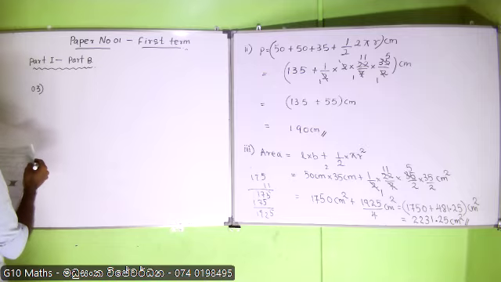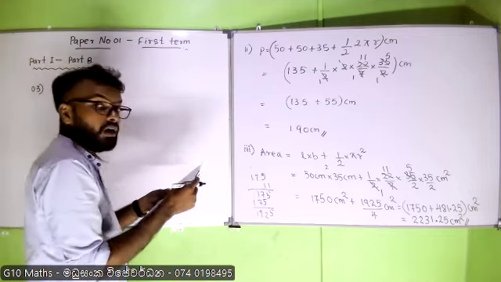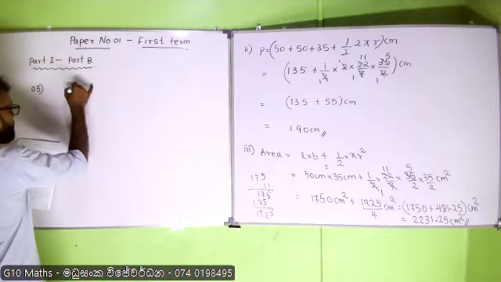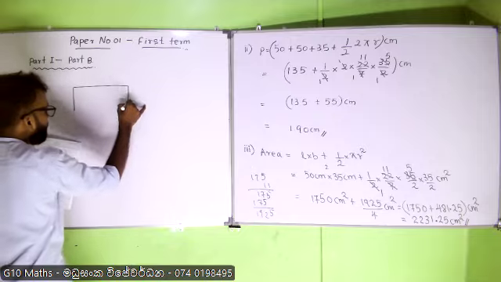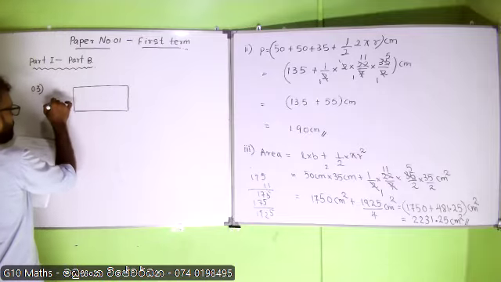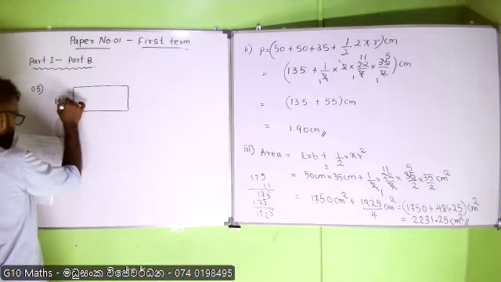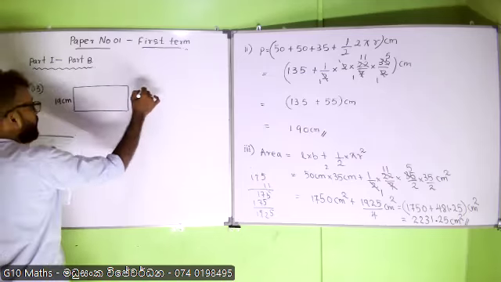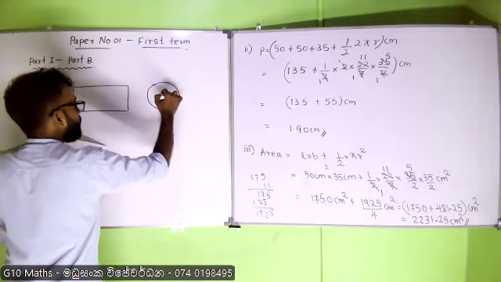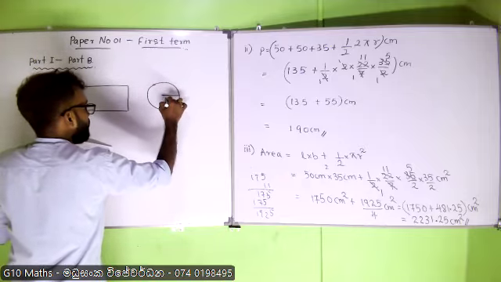The perimeter of the given circle and the rectangle is equal. You need to remember that. This is 19 centimeters, and the circle has a radius of 14 centimeters.